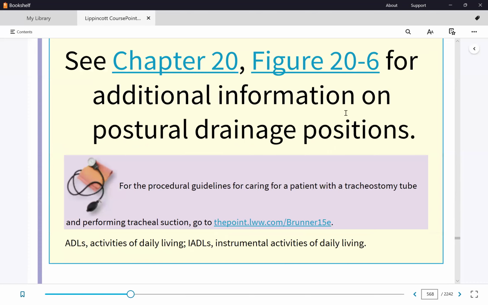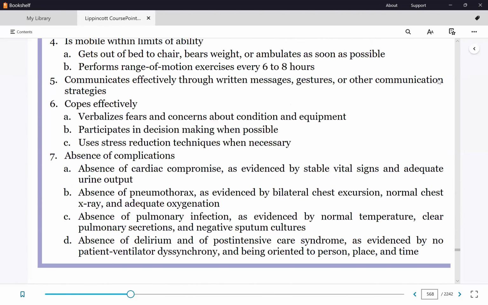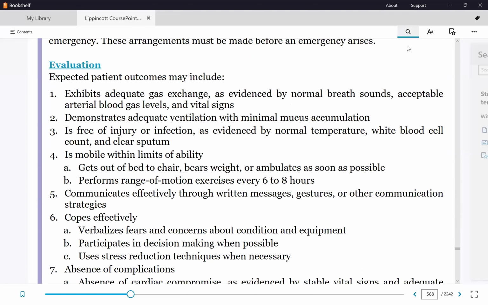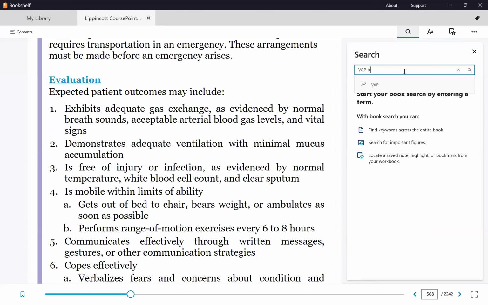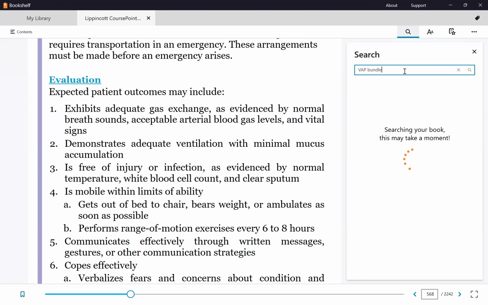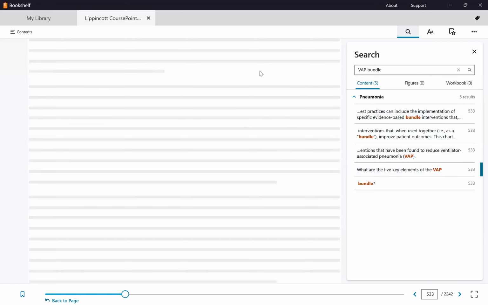Oh, wow. I didn't see. Not yet, almost. Okay, here. Page 533.